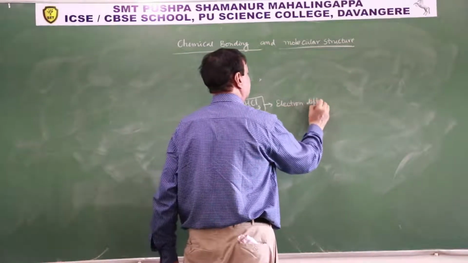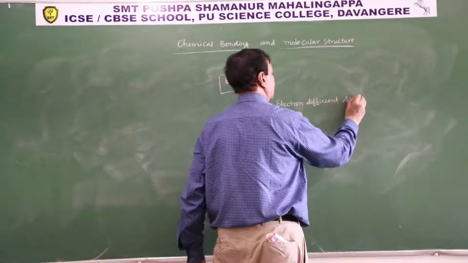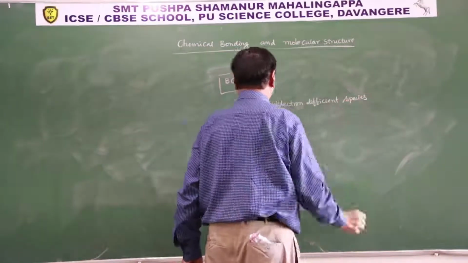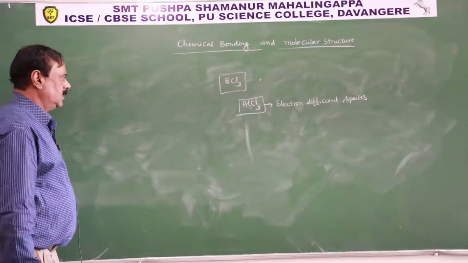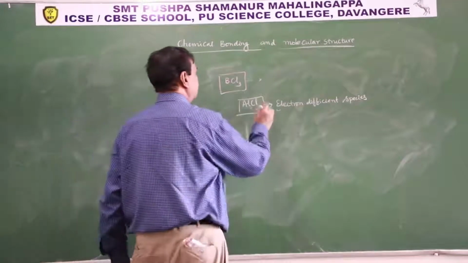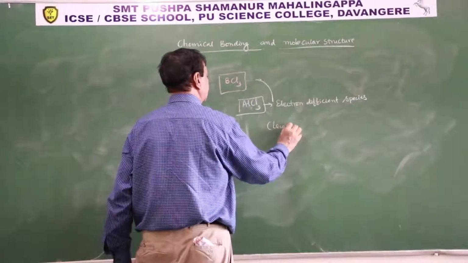Electron deficient species. Therefore, such type of molecules are called Lewis acids.